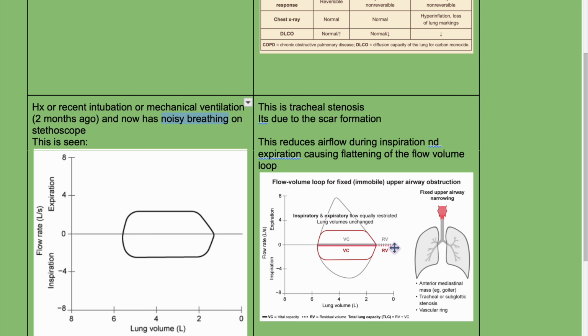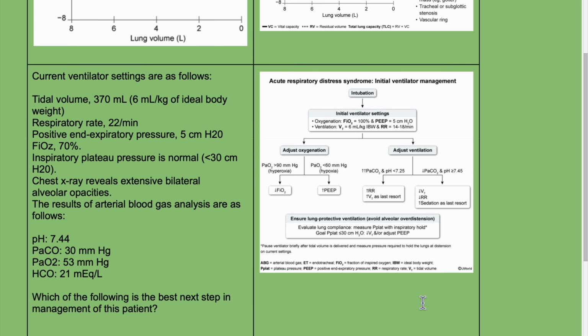So inspiratory and expiratory flow are equally restricted. Lung volumes are unchanged. An anterior mediastinal mass like goiter, tracheal or subglottic stenosis, or a vascular ring can cause this.